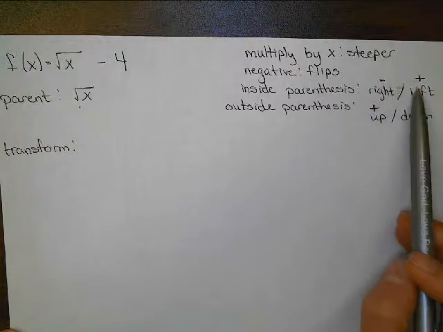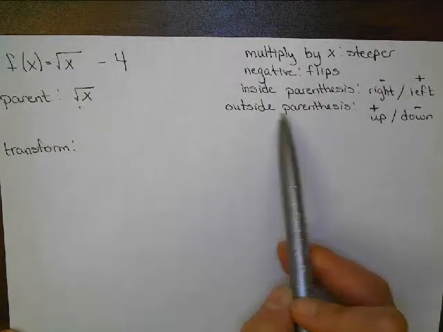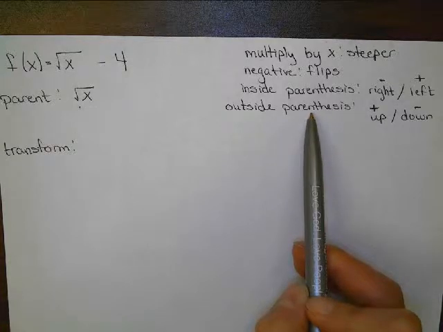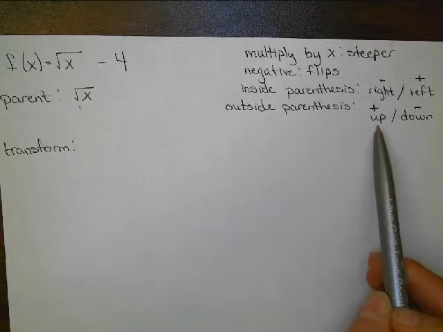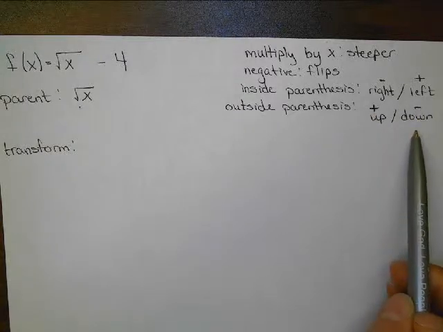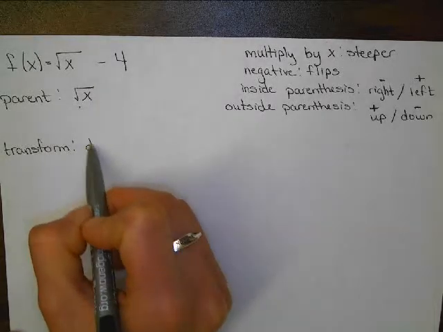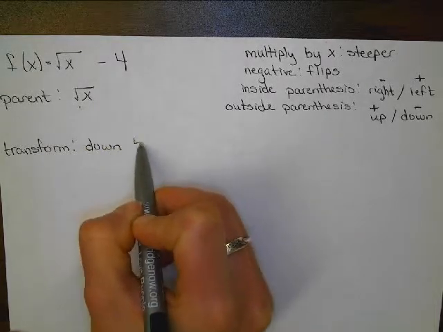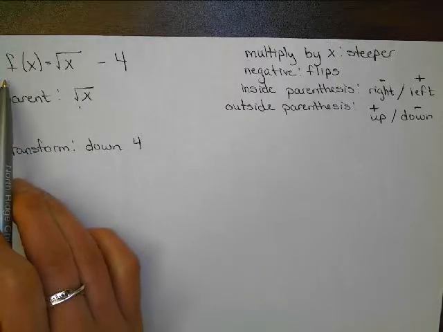To the right is a negative sign, and to the left is a positive sign. If my change is outside the parentheses, or the radical, like in this case, then a positive moves it up, and a negative moves it down. With that being said, this function moves down 4. So we know from the parent function that our function up here moves down 4.